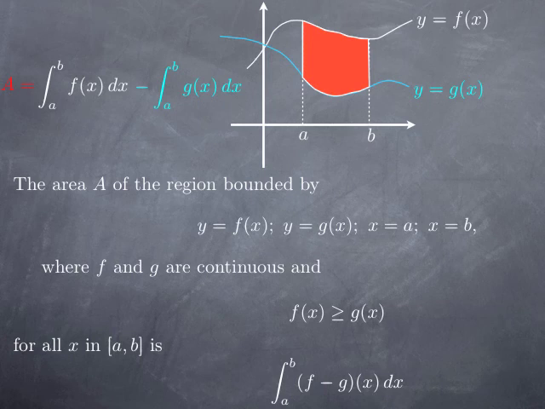Now in this geometric argument that we gave, we used the fact that the two functions f and g are positive functions, so that we can interpret integrals as areas under the graph of the function. However, you can see that this is completely inessential, because if I move up or down both functions f and g by the same quantity, it's not going to change the difference f minus g, and therefore the integral of f minus g.